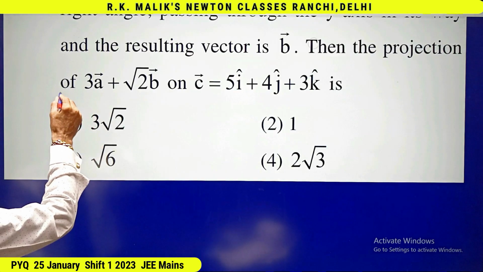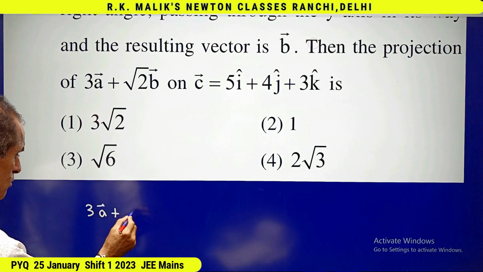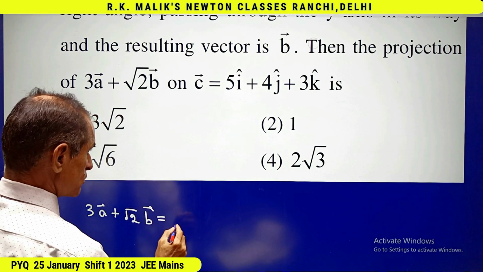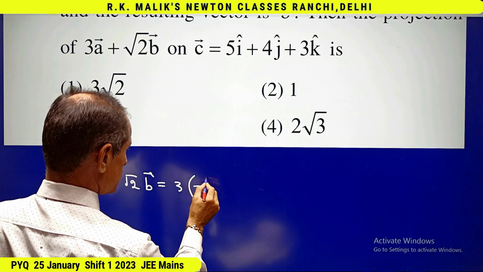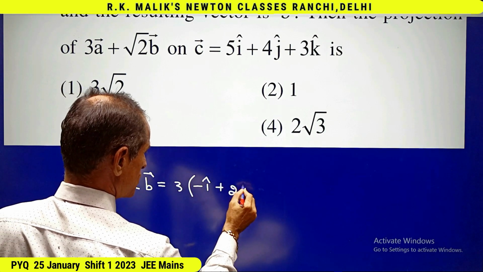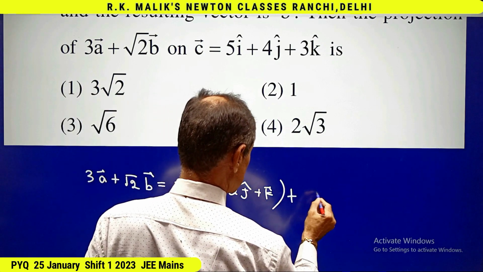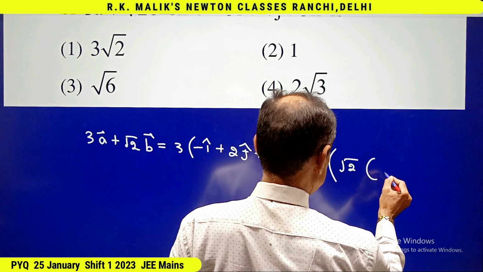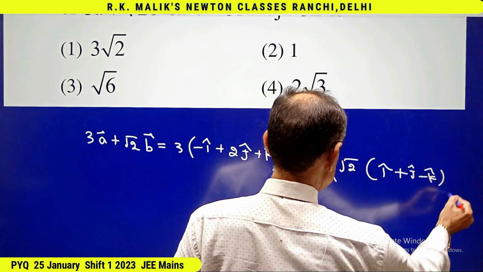And now it is clear that the vector 3A plus root 2 B means 3A, that is 3 into minus i plus 2j plus k, plus root 2 into i plus j minus k.